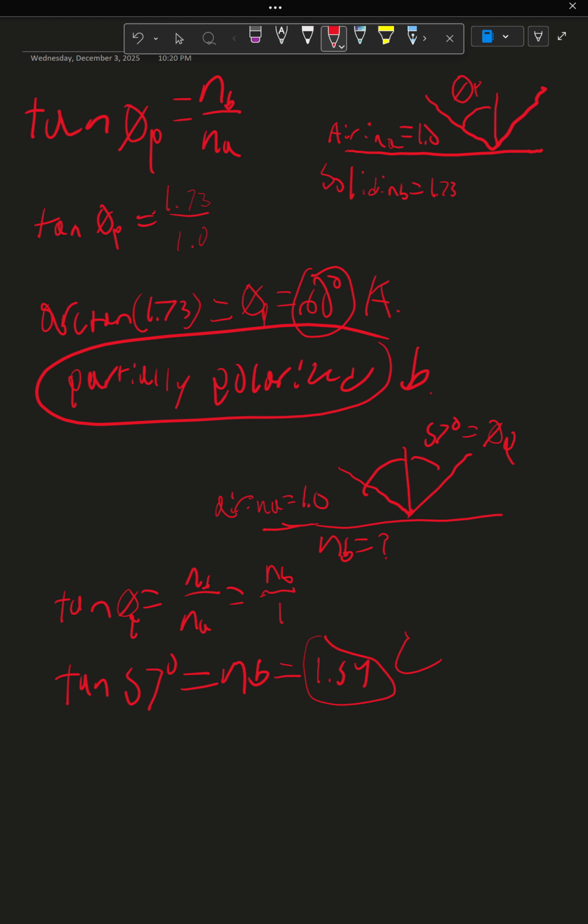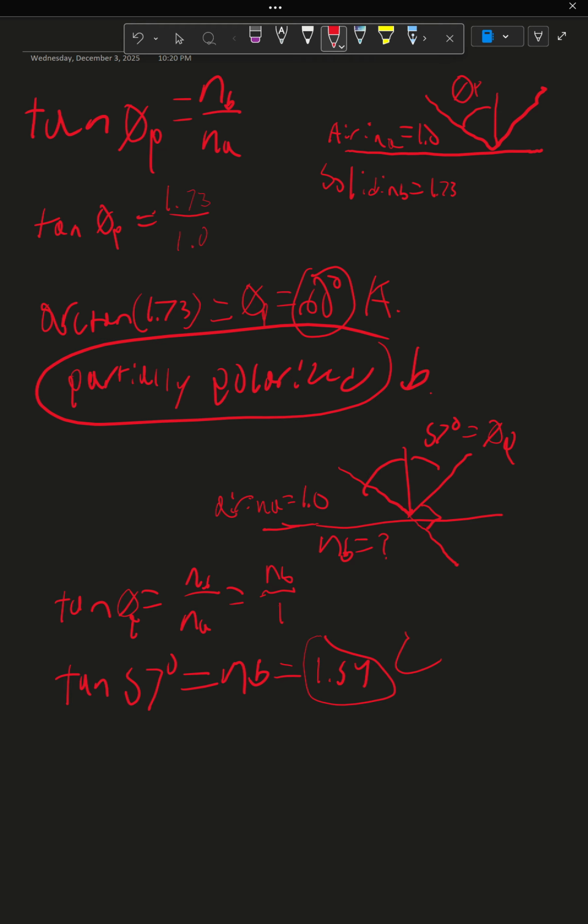And now it's asking to find the angle of refraction. So the light goes into the glass, and the reflected light is at a 90-degree angle to the refracted light. Let me try to write it properly. Right here, this is 90 degrees.